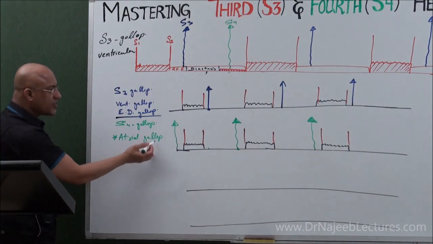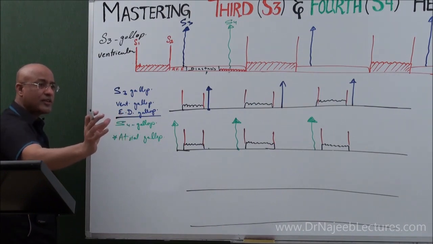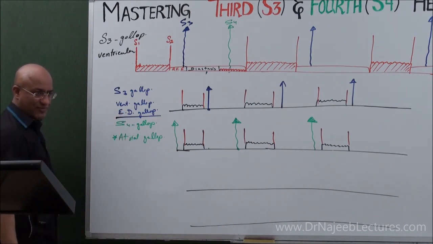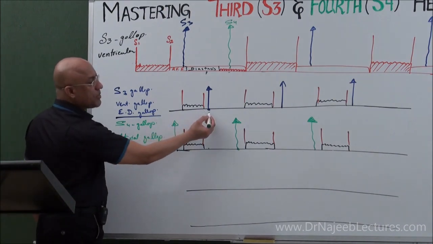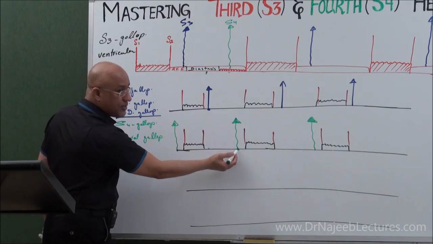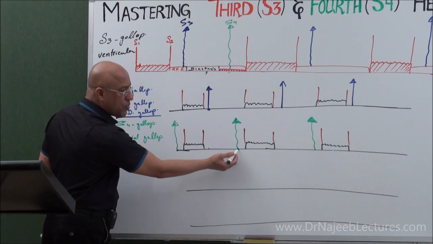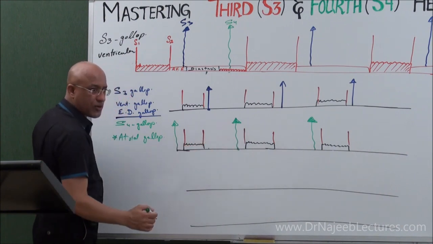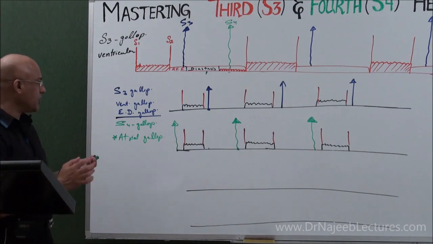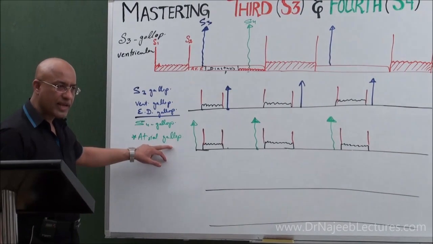So even though we call it atrial gallop, this sound is still produced by the vibrations of the stiffened, hypertrophied ventricle on strong atrial contraction. So this is S4 gallop, or atrial gallop, right?